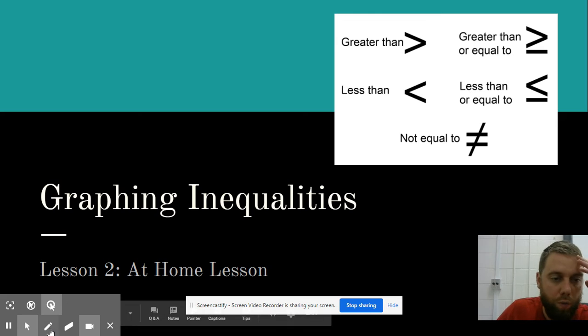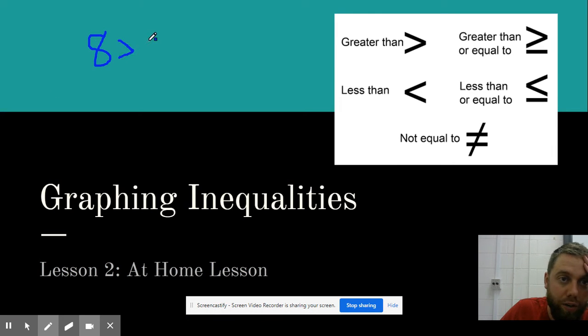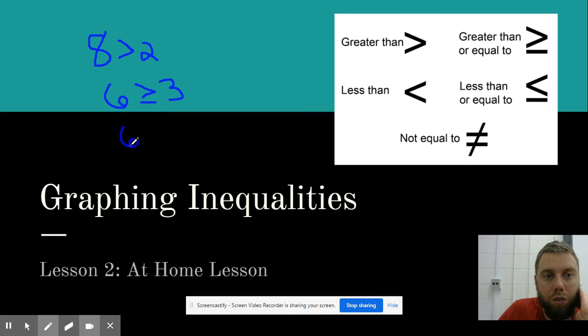Okay, so one way of thinking about that is something as simple as 8 is greater than 2. We know that 8 is bigger, so therefore this is true. Now, when we see the little line underneath, it means equal to. I mean, it could be the same. So 6 is greater than or equal to 3, but 6 is also greater than or equal to 6 because 6 is equal to 6.